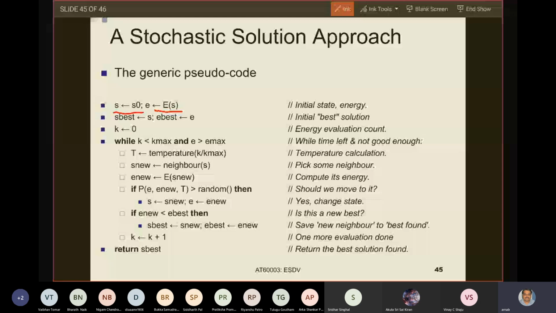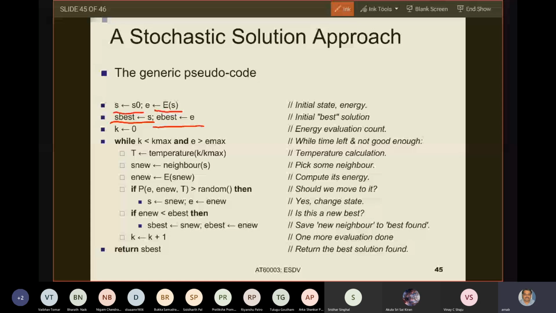Initially, I have no other solution; this initial solution is the only known solution. So the global best solution is S best equals S and E best equals E. The global best solution is kept in S best, and its cost is kept in E best.